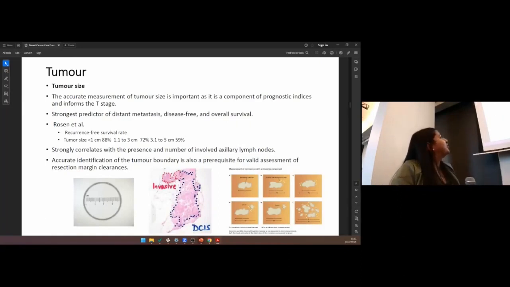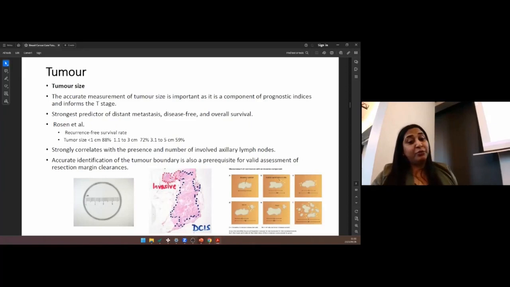It's the strongest predictor of distant metastasis, disease-free, and survival outcome. And tumor sizes less than 1% have very little recurrence rate compared to those that are bigger. And it also correlates to the number of axillary nodes that are involved.